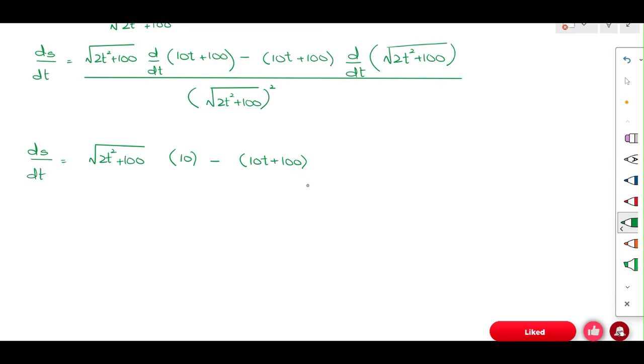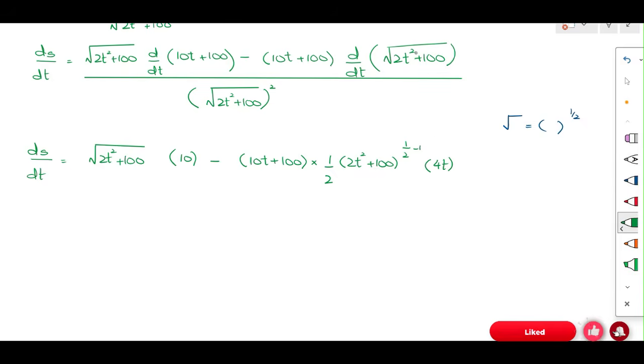And for this derivative we apply the power rule. So 1 by 2, we know that the square root has a power of basically 1 by 2, right? So we do first the power, then the base function, and we do power minus 1, and the derivative of this base function 2t square is 2 times 2, 4t.